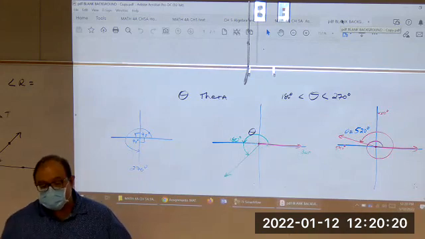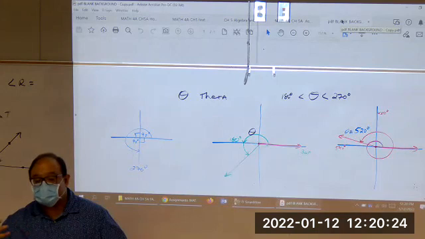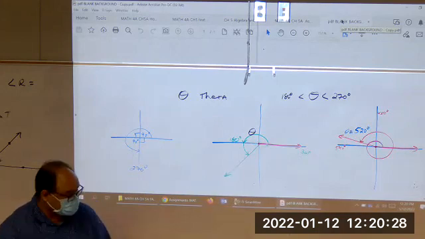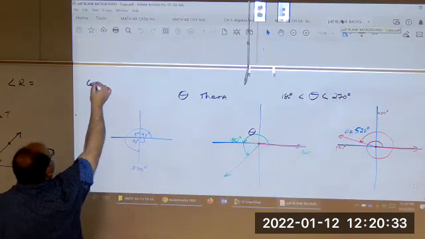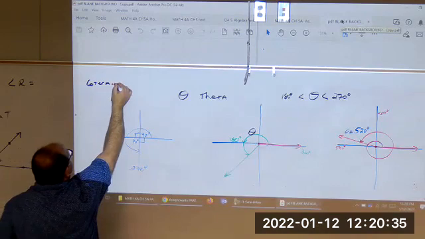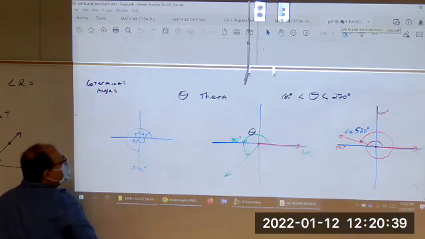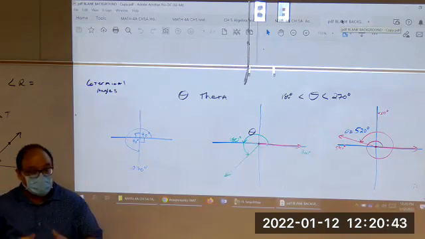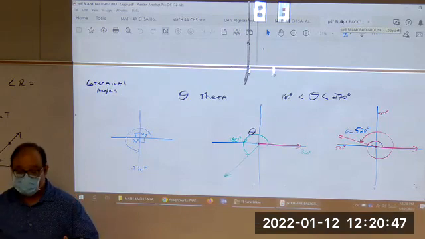Part of the homework you're going to see is going to ask you to name at least 2 coterminal angles to the given angle. Now, technically, there's an infinite number of answers.